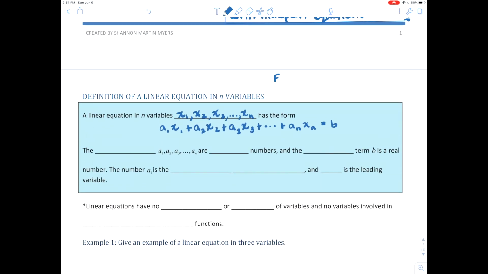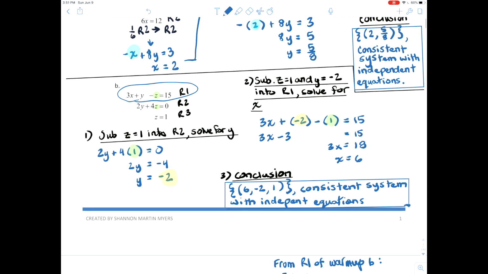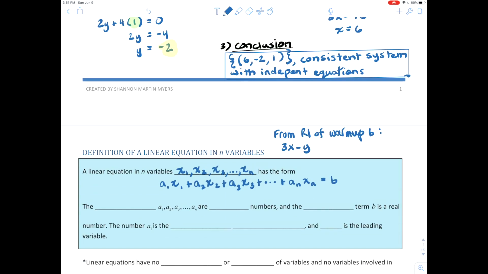So from row 1 of warm-up B, we had 3x minus y, right? Plus y minus z was equal to 15.